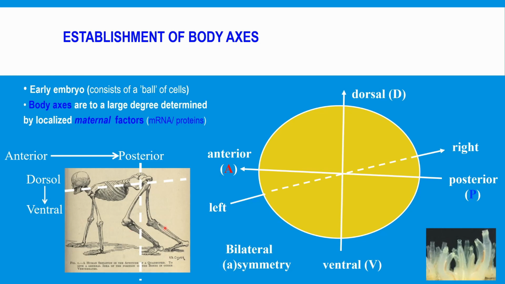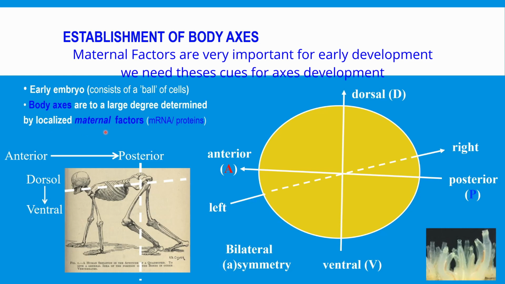And like I said, these axes are set up early in the embryo, and in fact, the material to set this up is deposited into the egg by the mother. So before it's even a fertilized cell, there are maternal factors placed into the egg by the mother.